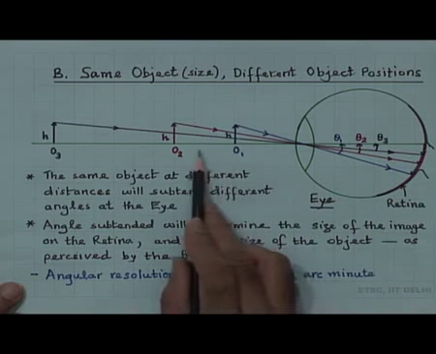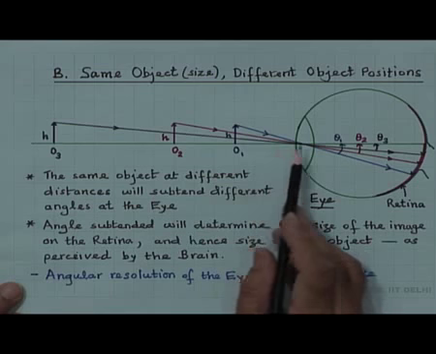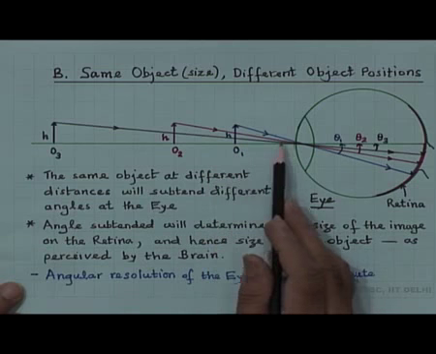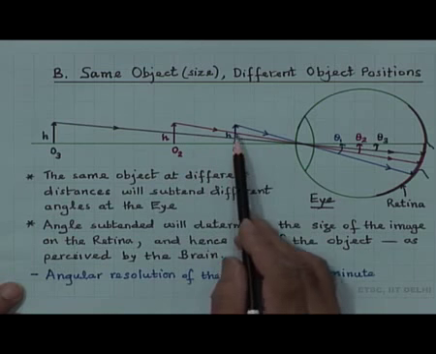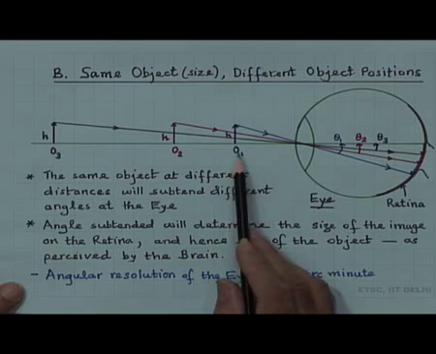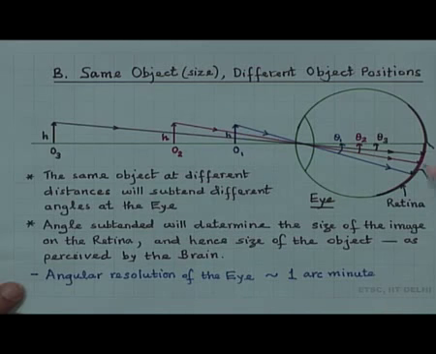And therefore, when it comes closer, of course, we are looking at distances beyond the near point, so that the object is still clearly visible, but the area occupied here on the retina is larger.